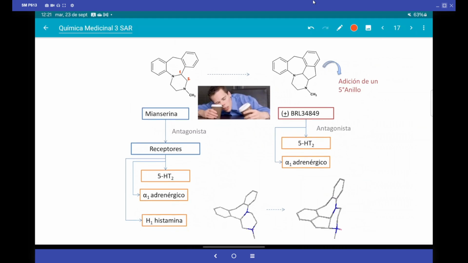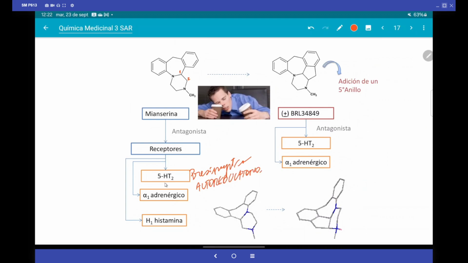Among them, for example, the 5-HT2 receptor, and the 5-HT2A is a presynaptic receptor, a self-regulating presynaptic receptor.